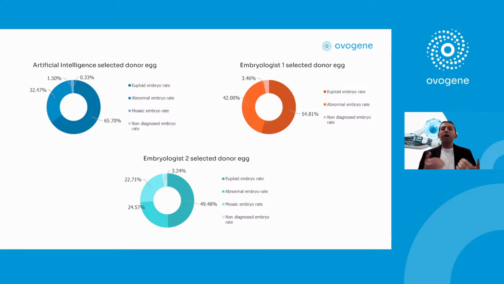We also found that through AI selection, there are several advantages which can also increase the blastocyst rate, even the euploid rate. The connection is here, not because AI can detect which embryo is euploid, of course not, but AI can detect which oocyte can give a morphokinetically potential embryo.